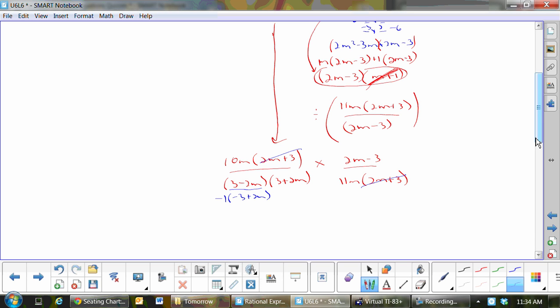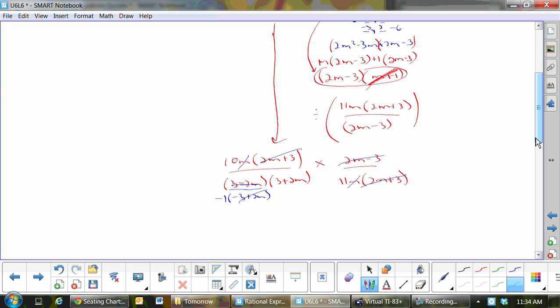And that cancels with the other one. Anything else? Yeah, the m's cancel. Now again, you know what 10m means? It means 10 times m. We can always cancel factors. If it's multiplying to something, you can take it.